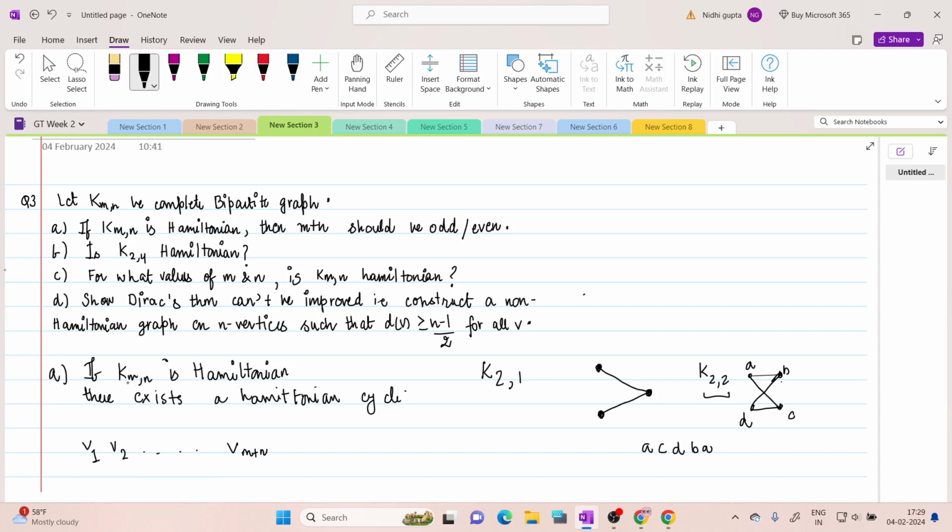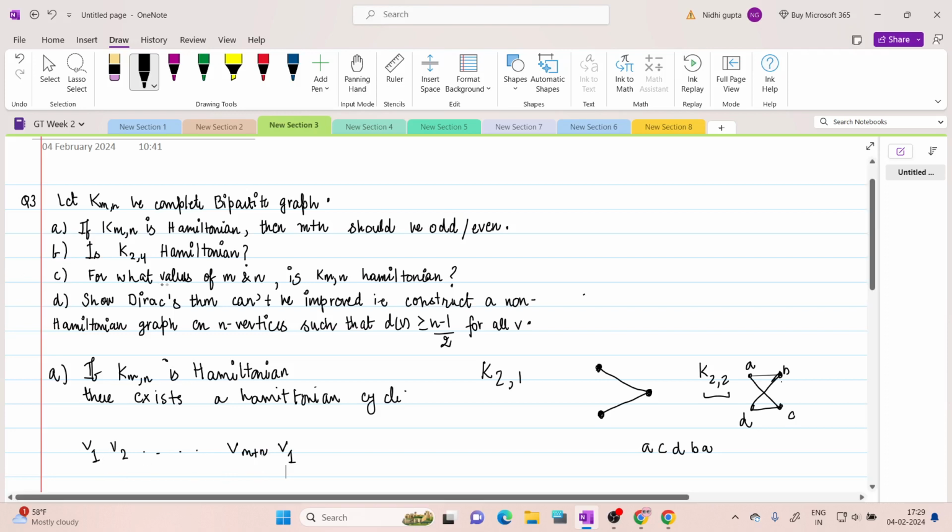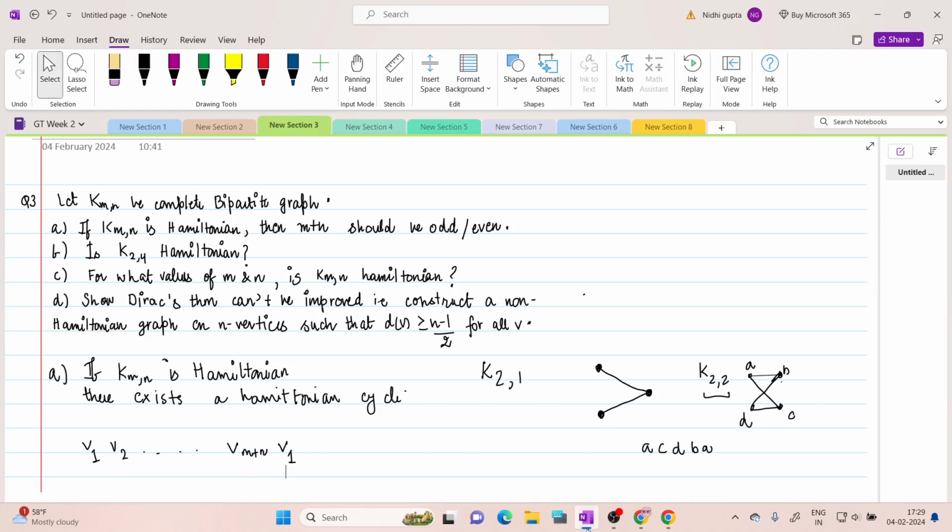So how many vertices does this graph have? M plus N. So we have a cycle covering all the vertices of the graph, and suppose I am ordering them in the way I am getting the cycle. What is the length of this cycle? M plus N. Right. Good. There exists a Hamiltonian cycle of length M plus N.